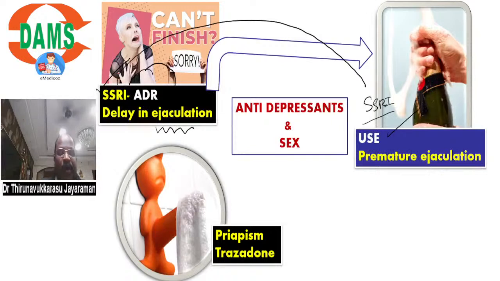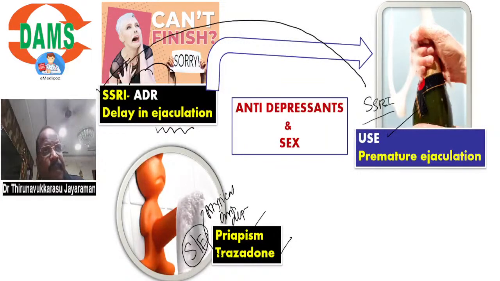Then, we have one drug called trazodone. It is one of the atypical antidepressants. It causes the side effect of priapism. Because of causing painful penile erection, it is useful for treatment of erectile dysfunction.